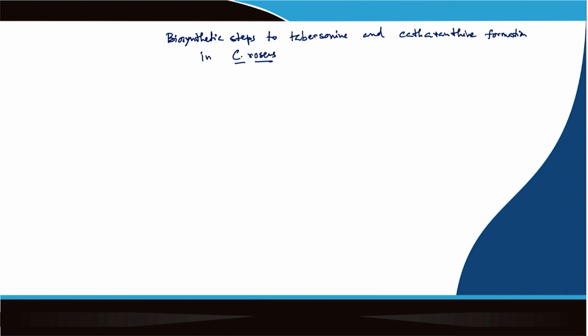So, what we know from the biosynthetic steps to tabersonine and catharanthine formation in Catharanthus roseus. Okay.